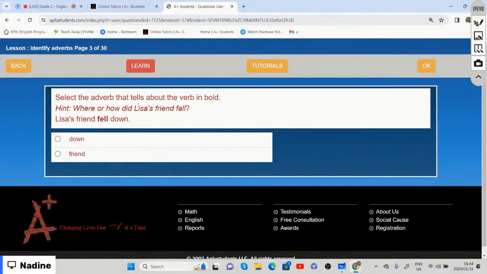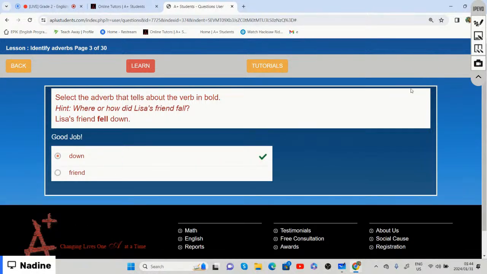So we said we select the adverb that tells us about the verb in bold. Where or how did Lisa's friend fall? So Lisa's friend fell down, and down is our adverb.